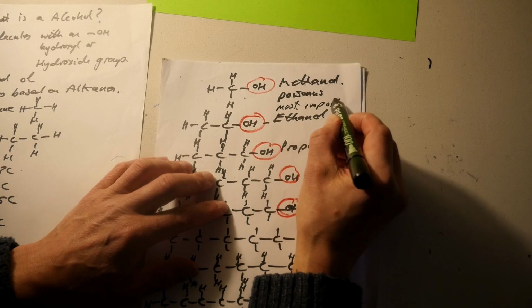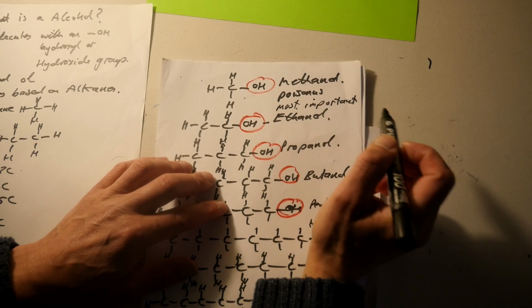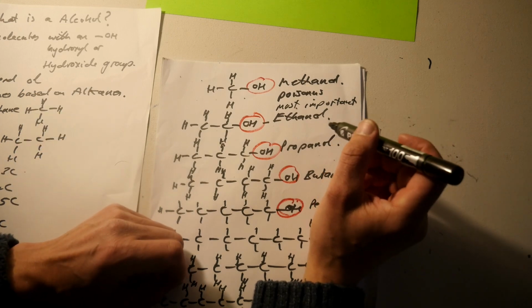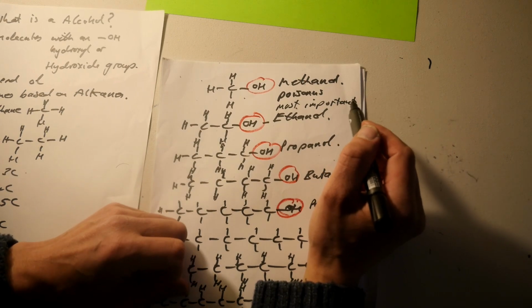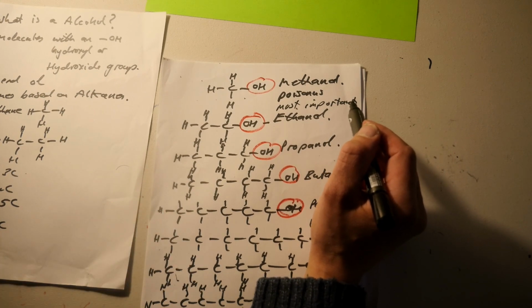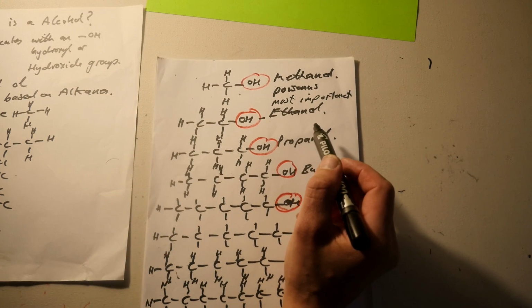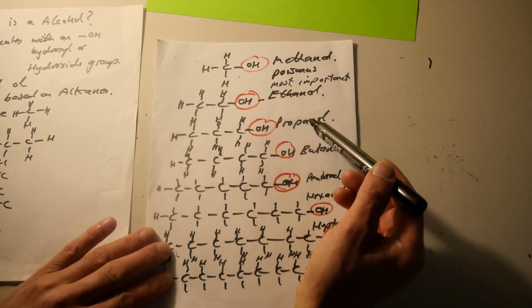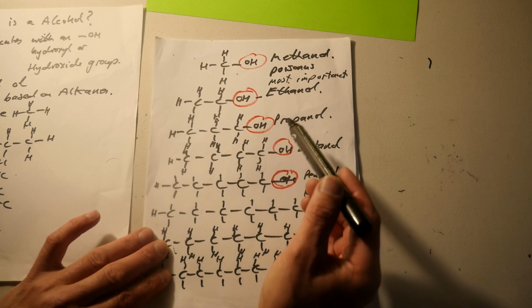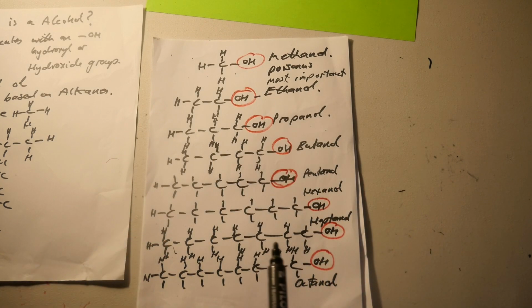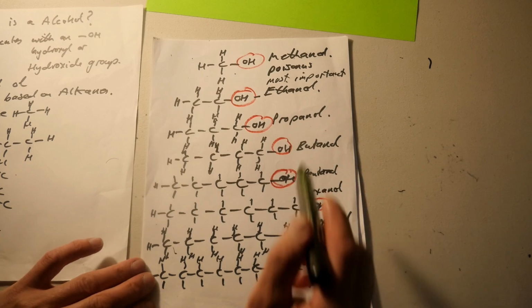Can you guess why? It's because it's used in all alcoholic drinks: beer, whiskey, gin, wine, vodka, brandy, everything. These other ones are basically derivatives of it. They're longer chains, and they're all found in laboratories.